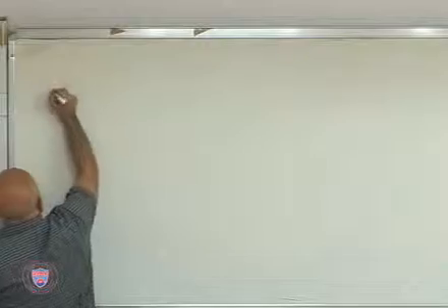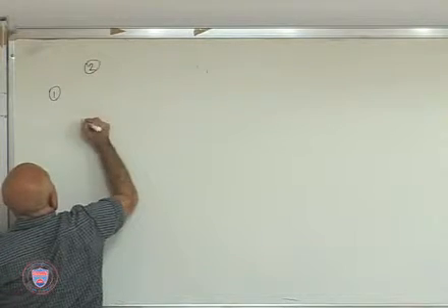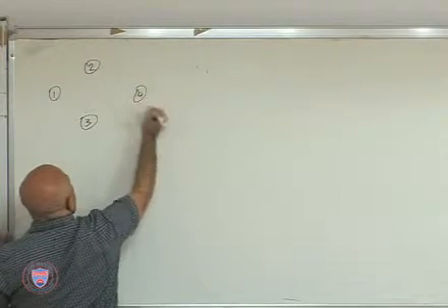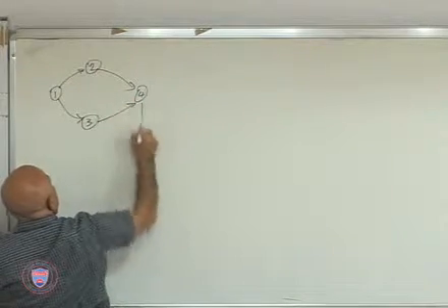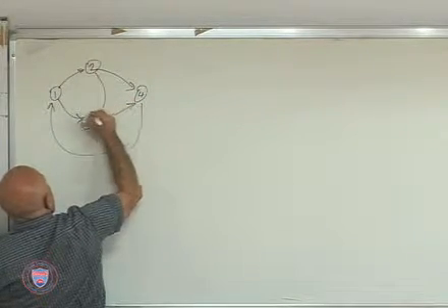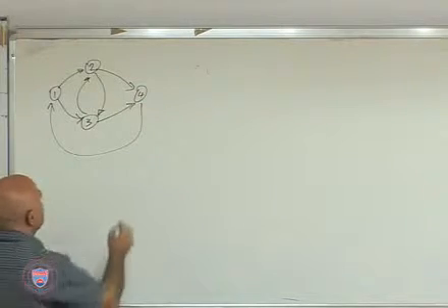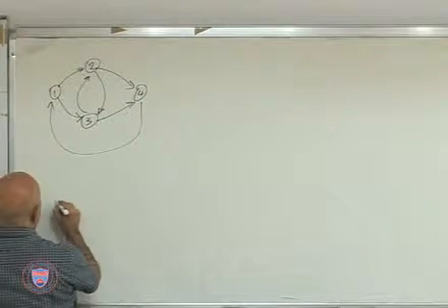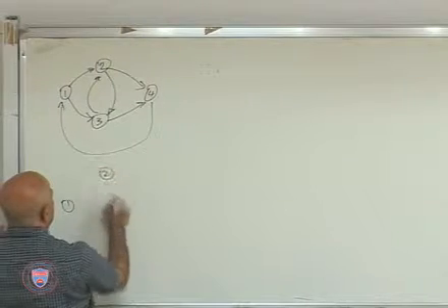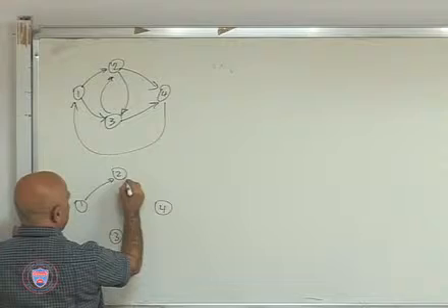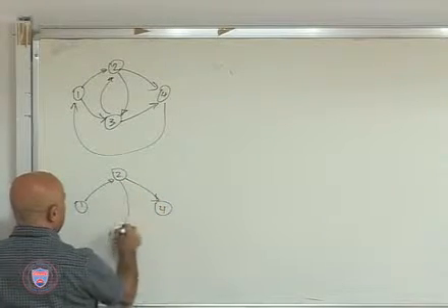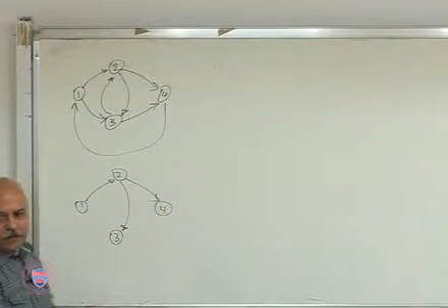In the example, we had these nodes and these arcs. That was your G. And if you isolate, for example, a spanning tree, maybe this one, this is a spanning tree of this graph.